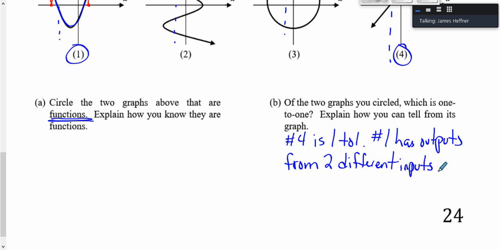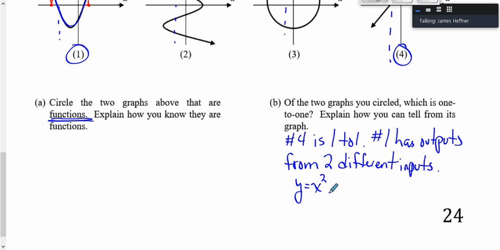And that kind of makes sense, right? That graph number 1, what do you think that's the graph of? Would it be like that, right? And you'd have to solve that by taking the square root, wouldn't you? What do you get when you take a square root?